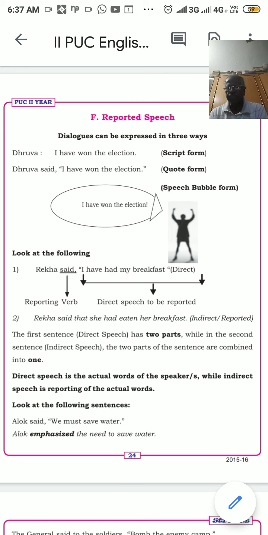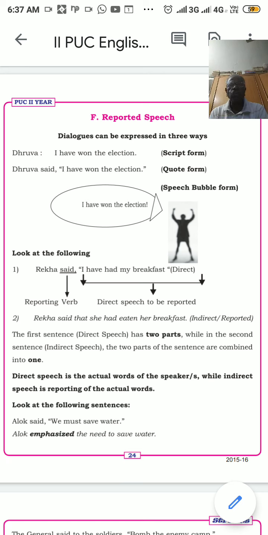For example, the servant said, "I had cleaned the house." So which is the tense here? Had cleaned. It becomes like this: The servant said that she had cleaned the house. Had cleaned, underline. That means there is no change. Past perfect remains as past perfect only.